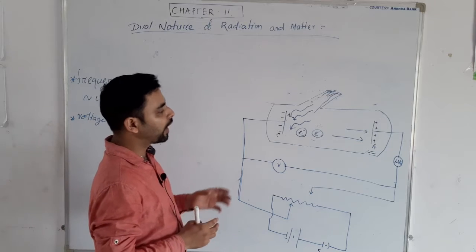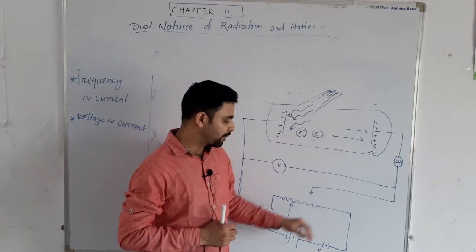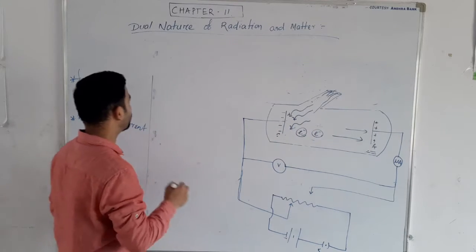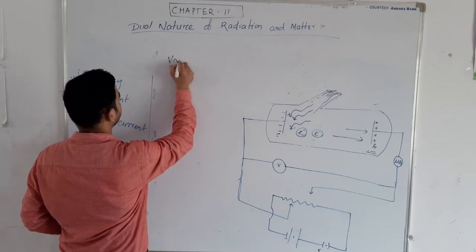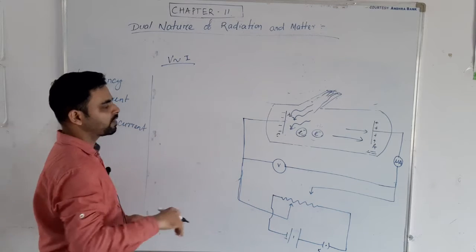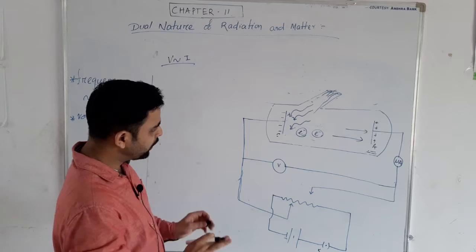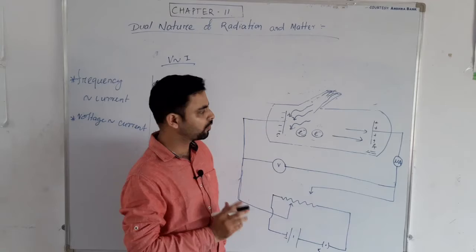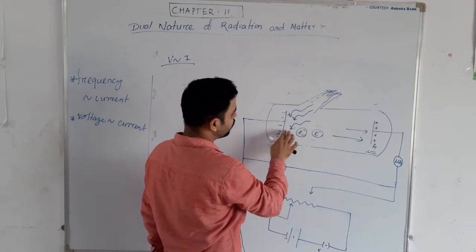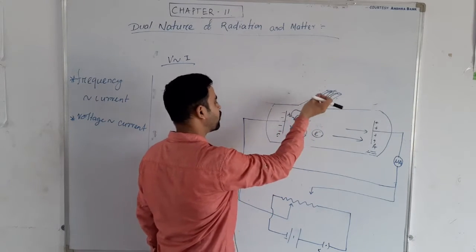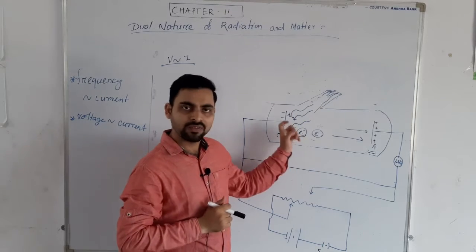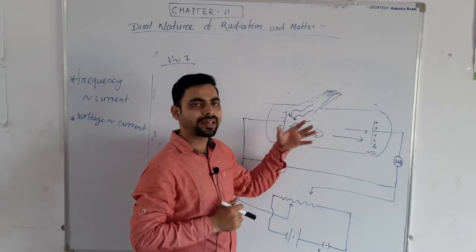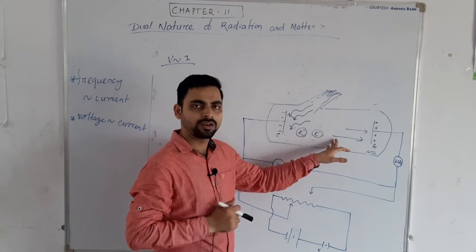Today we will discuss how the photocurrent is affected by the voltage and how it is affected by frequency. First we study the voltage versus current graph for this experiment. As we know, here voltage acts as a supporting agent. If we apply more frequency, electrons will start emitting from this metal plate, but not all the electrons have equal kinetic energy.